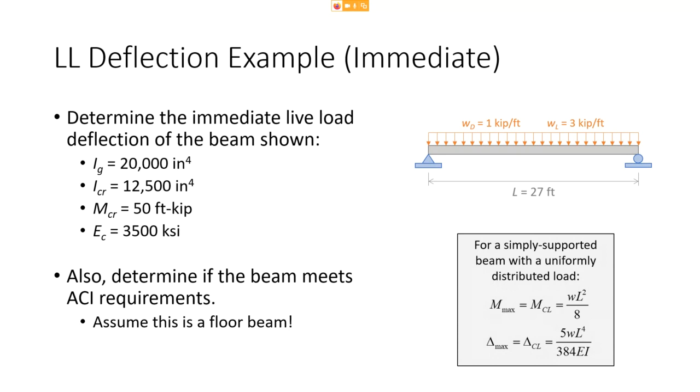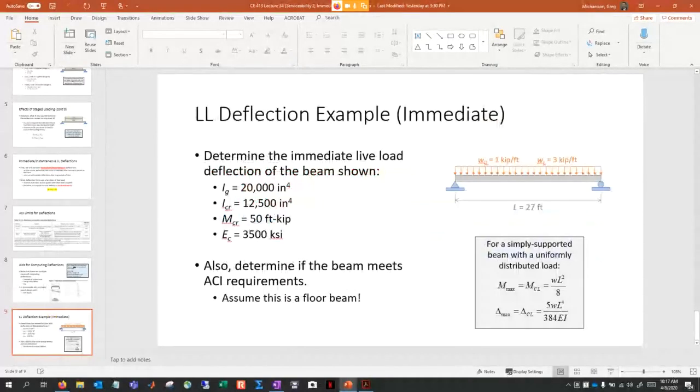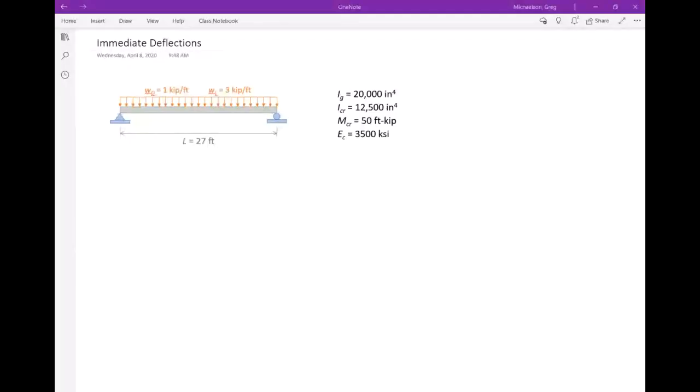So we're going to go ahead and get into this example. Again, for a simply supported beam with a uniformly distributed load, here's our moment, here's our deflection. These will be formulas that we can use pretty readily. All right, so here's the problem.